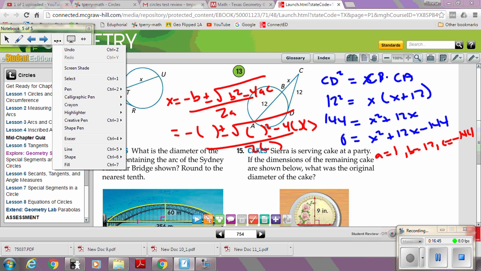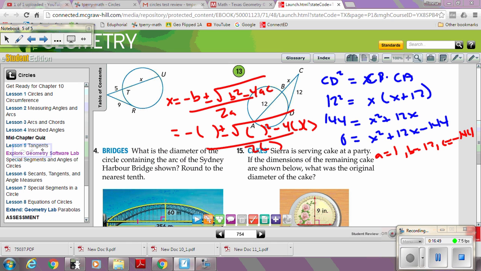And now let's insert our values. 12, 12, 1, negative 144, and 1. And grab our calculator.